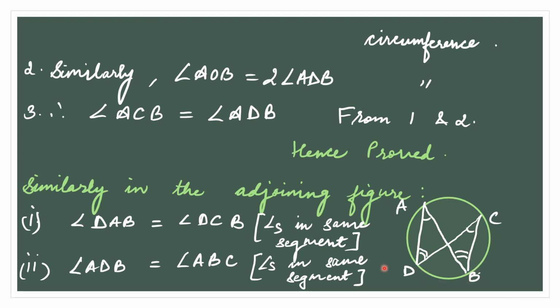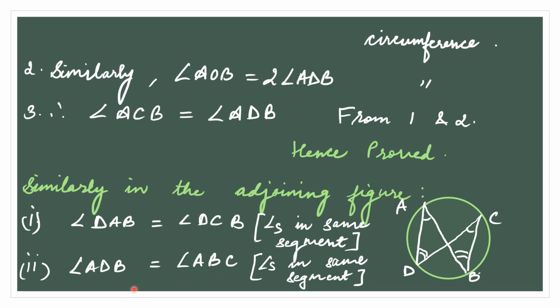Now angle DAB is equal to angle DCB. We have just proved that both angles in the same segment are equal. Okay, now consider this segment, children, this top segment AC. You will see that this is one angle at the circumference and this is the second angle at the circumference, that is angle ADC is the first angle at the circumference and angle ABC, it is the second angle at circumference.